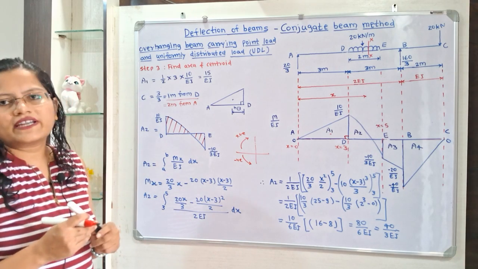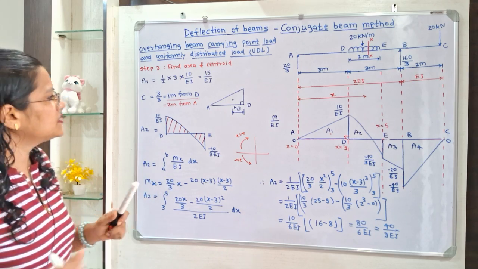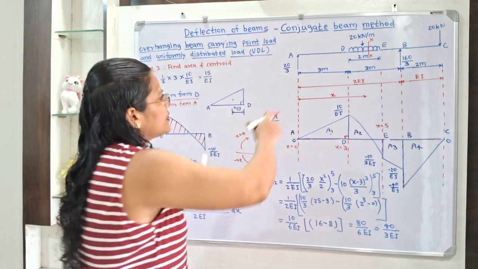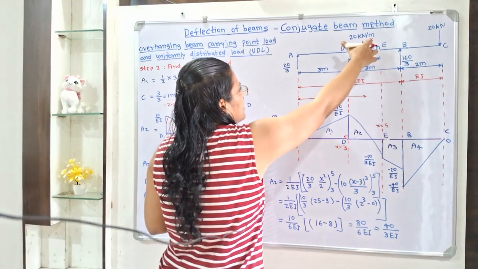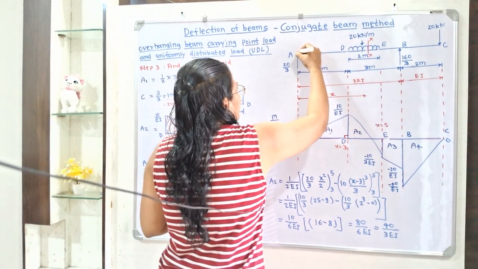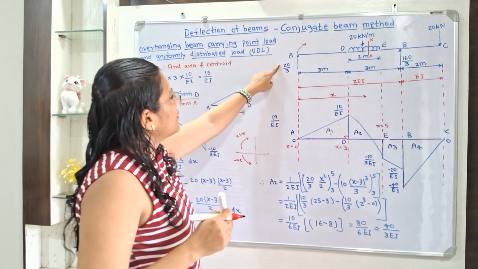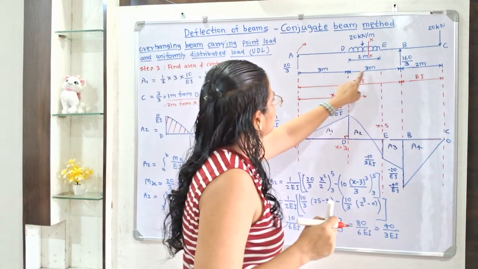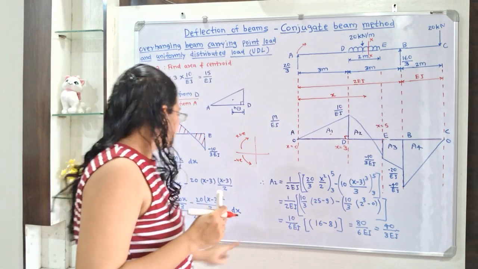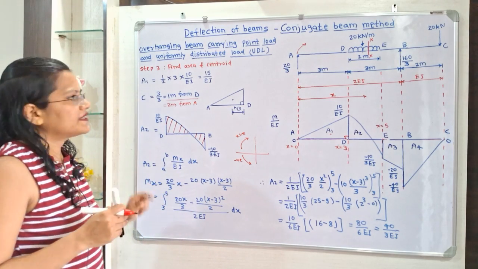Now how to calculate Mx? The first force is 20 by 3. If I move the compass at xx as a center, the direction is clockwise, so we will use positive sign. So 20 by 3 multiplied by this distance from A, that is x. So I will use plus 20 by 3x.